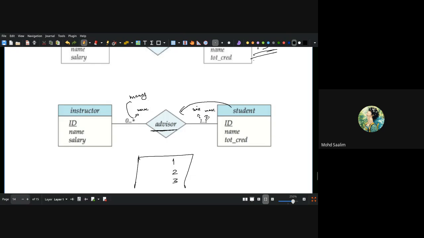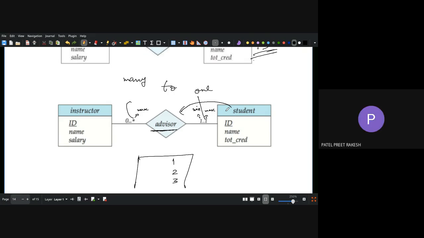But here the maximum threshold is only 1. So at most, one student can participate in a relationship. Okay, so this is just giving me the type of cardinality. The cardinality here is many to 1, because at max I can have as many instructors as I want in this relationship, but here at max I can have only one student in a relationship.